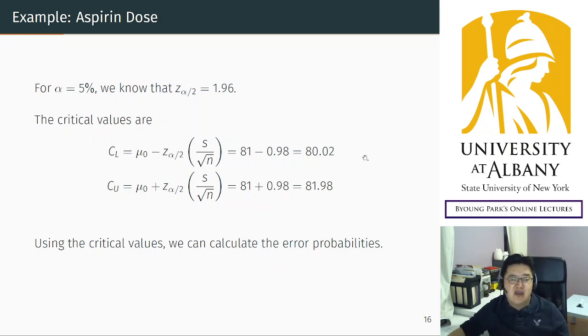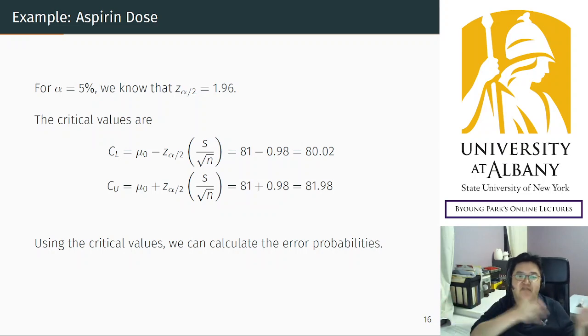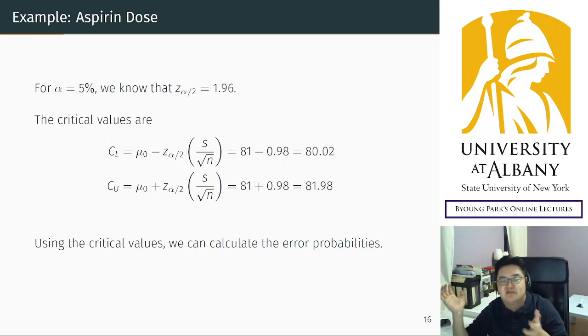And okay, this is what we learned in the earlier chapter. Now we are going to calculate the error probabilities based on these critical values. Remember, we learned critical values are useful when you can apply them to many different data sets. We are going to imagine exactly like that.